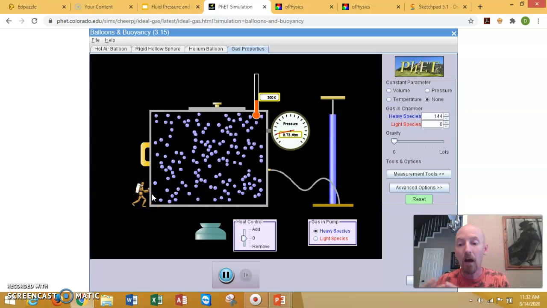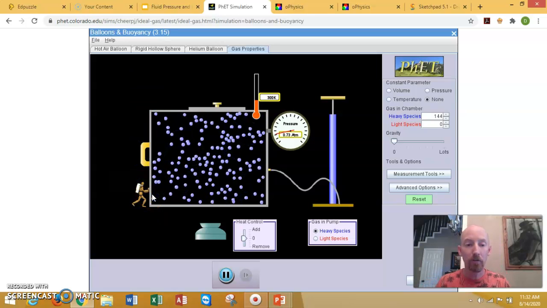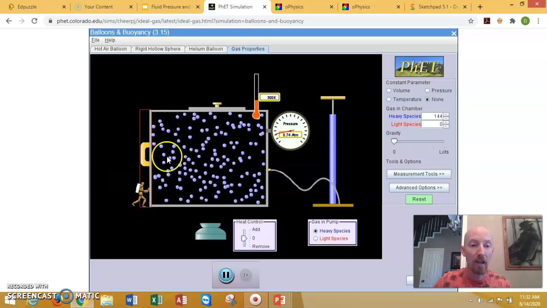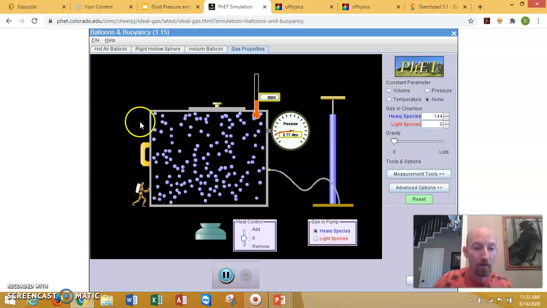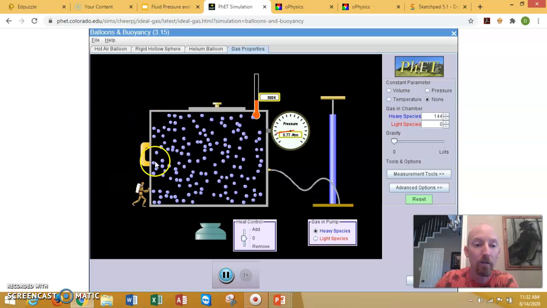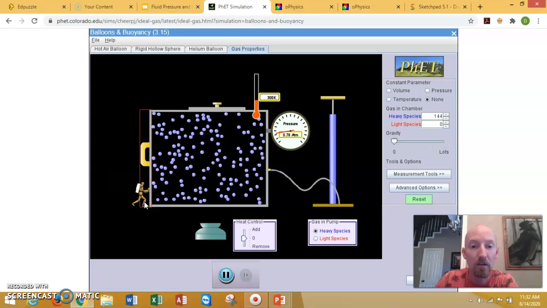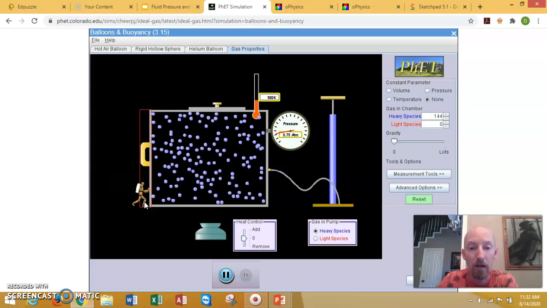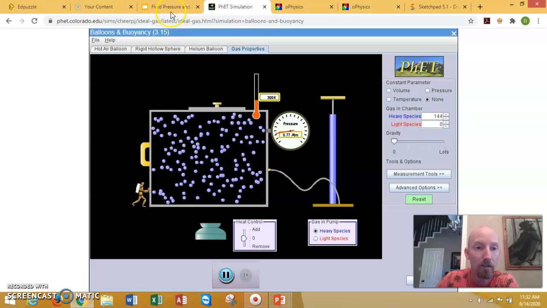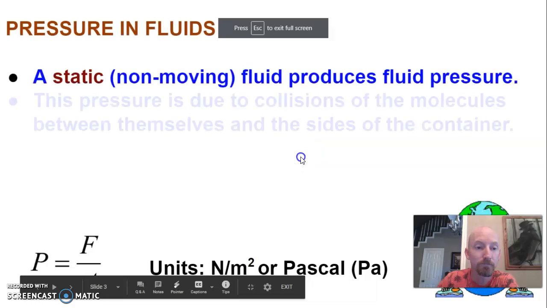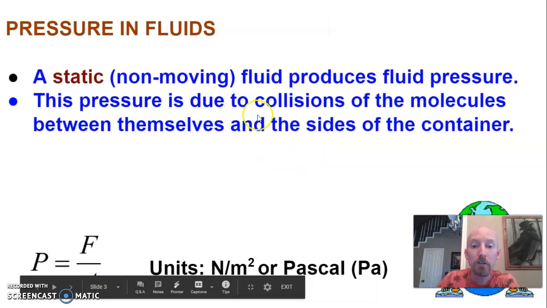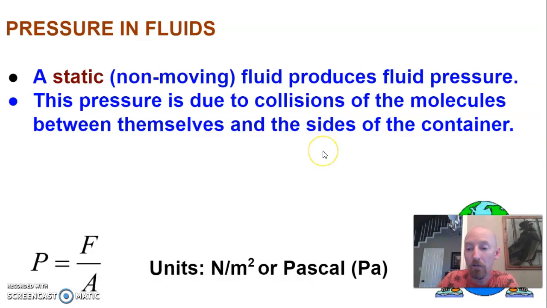We can add them up as like an average force, which we could represent as a vector, which is going to the left, hitting this side. And whatever this area is, when we divide the two, we get the pressure on that side, right? So pressure comes from the collisions of all of the molecules, okay?